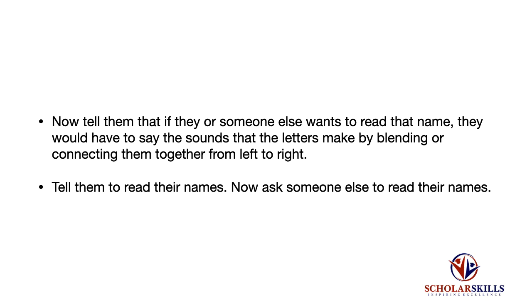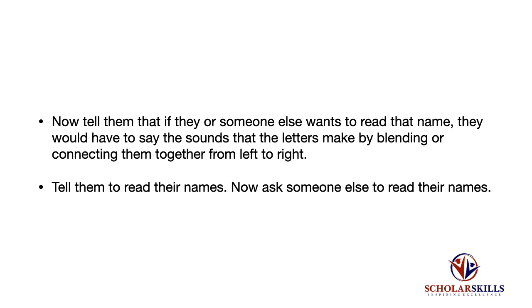Now let's tell them that if they or someone else wants to read that name, they would have to say the sounds that the letters make by blending or connecting them together from left to right. So that's what I did with Bob, right? I had B-O-B, and that's how I spelled my name. I wrote my name down by matching letters to the sounds that I heard.